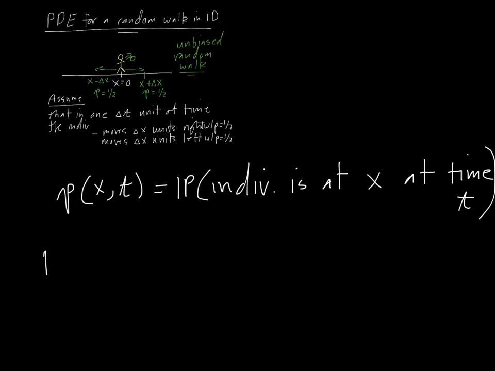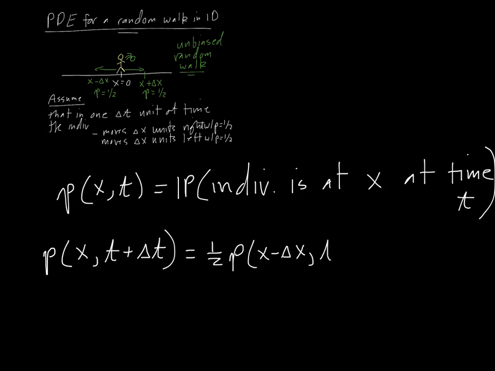Namely, if we look at the probability of being at x at some unit delta t into the future, well, what's going to happen? Well, either you were delta x units to the left at time t, or you were delta x units to the right at time t, and each one of those occurred with probability 1/2. Okay, that's called using the law of total probability. Okay, so we make this plus sign probably a little bit better there.